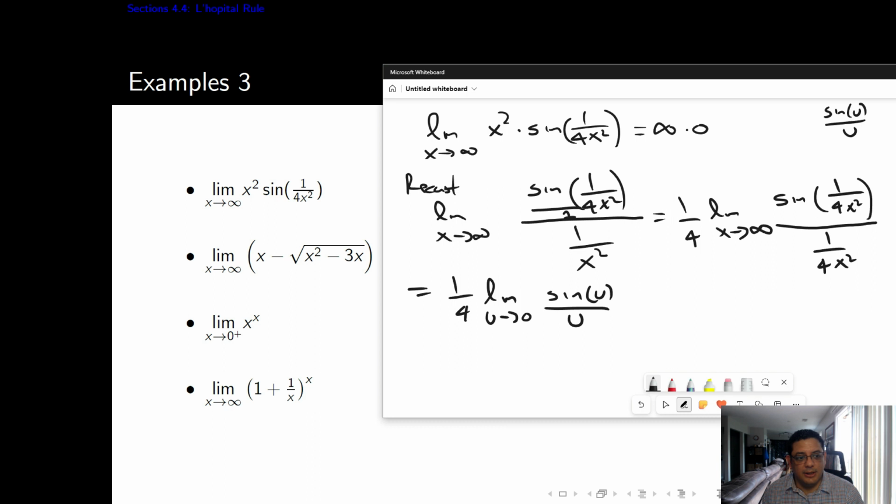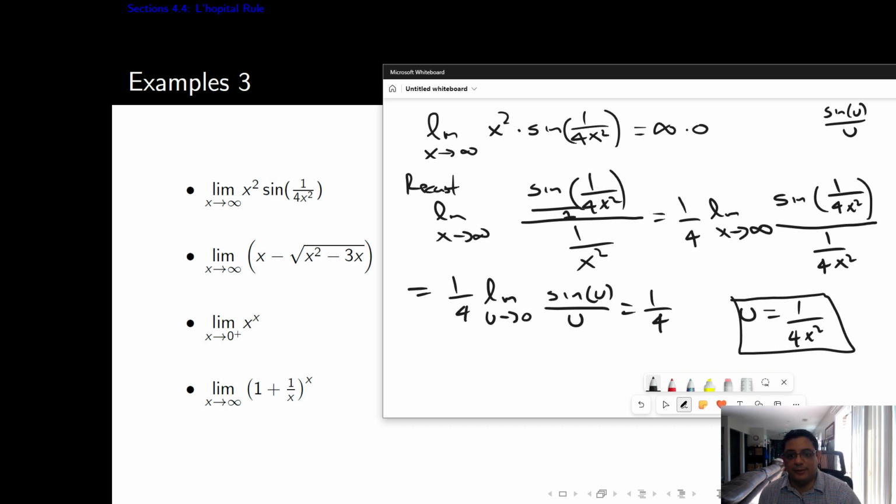When x goes to infinity, 1 over 4x squared goes to 0, and that's the replacement I'm doing here. So I change the variable of the limit, and this just gives 1 over 4. But L'Hopital's rule is what is behind solving this final limit. So this is the first one.